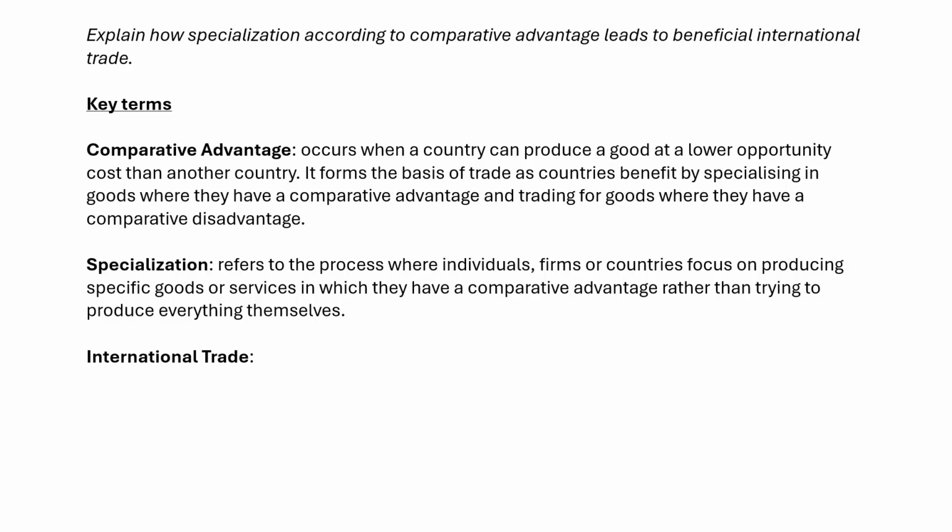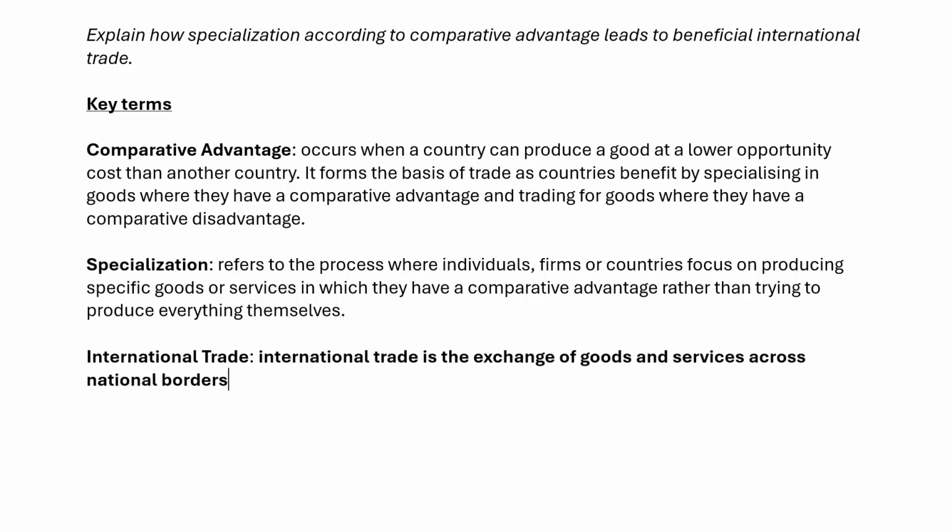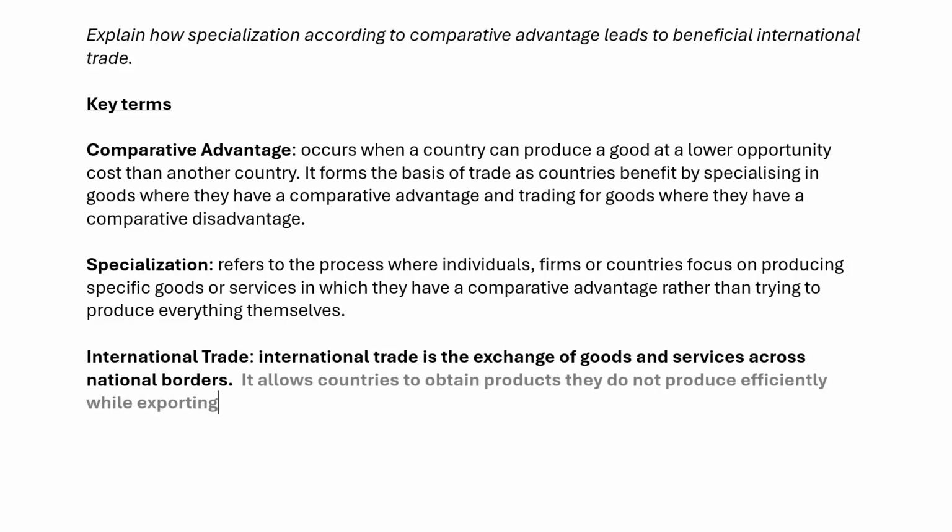And the final key word that we need to define here is international trade. International trade is the exchange of goods and services across national borders. It allows countries to obtain products they do not produce efficiently, while exporting those they can produce at a lower opportunity cost.